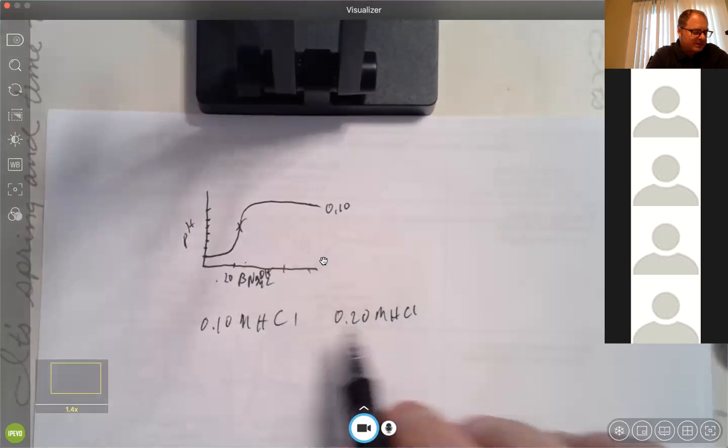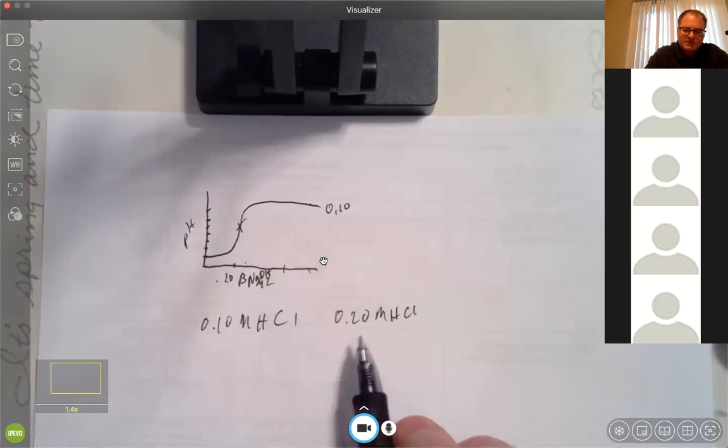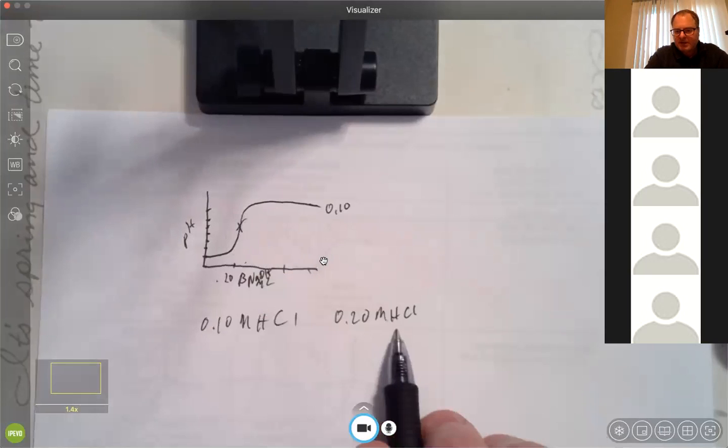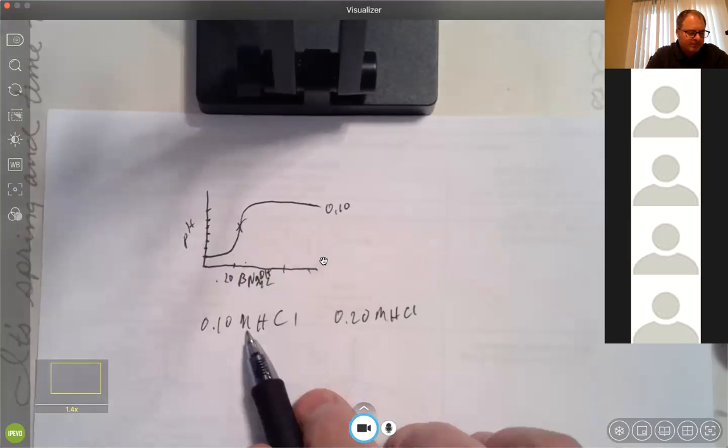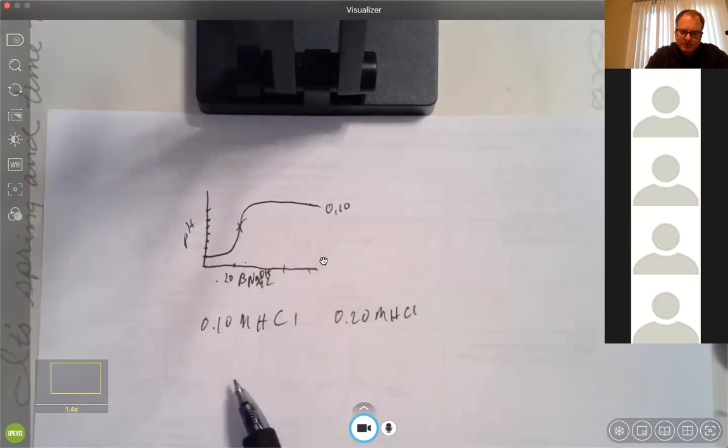A lot of people actually did that. This is a higher concentration of HCl, twice the concentration. A lot of you even drew that when you drew the circles of the H's and the Cl's. You doubled the amounts that you had from before.